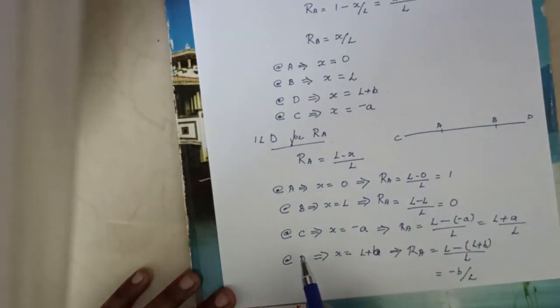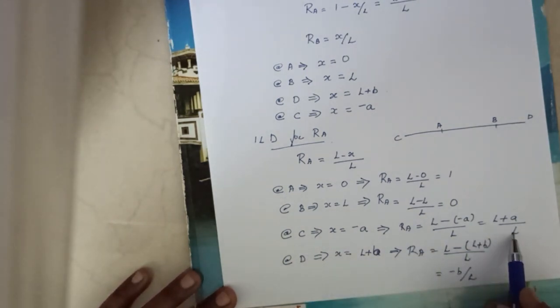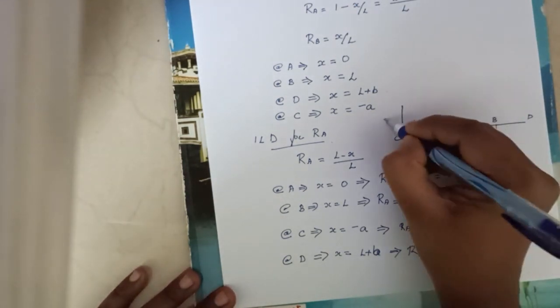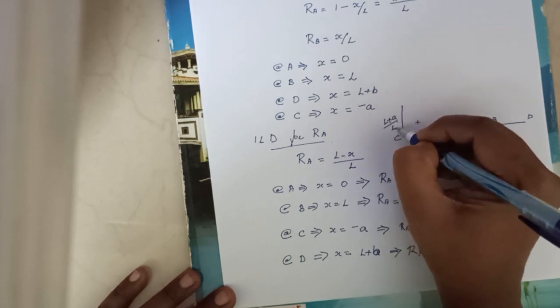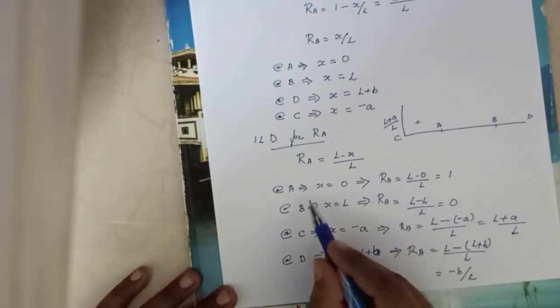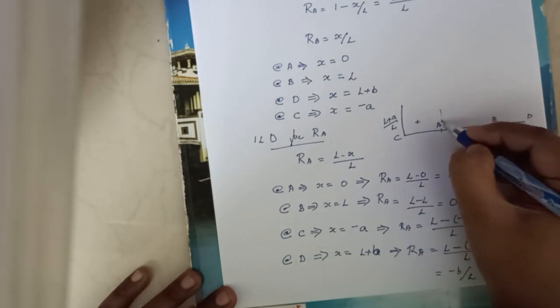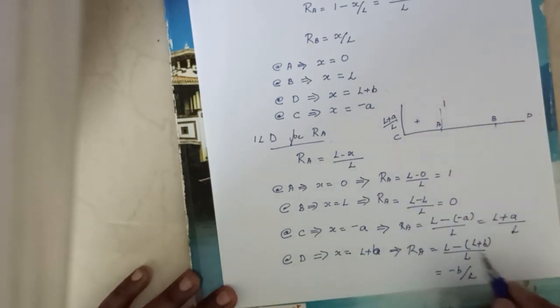At C, value is equal to L plus a by L, which is plus value. So, this is the L plus a by L. At A, the value is 1. So, this is value 1.